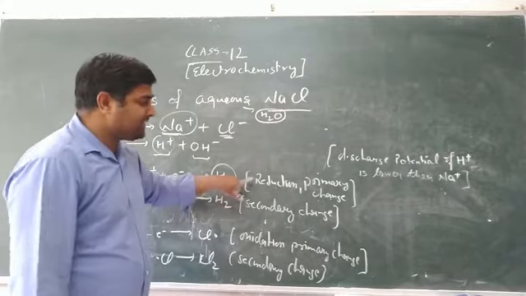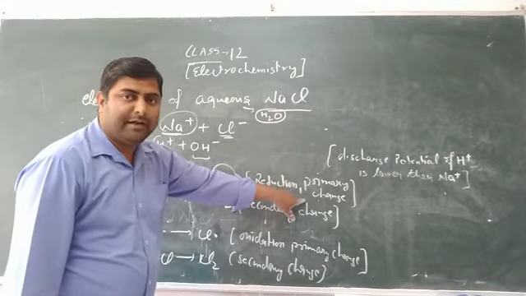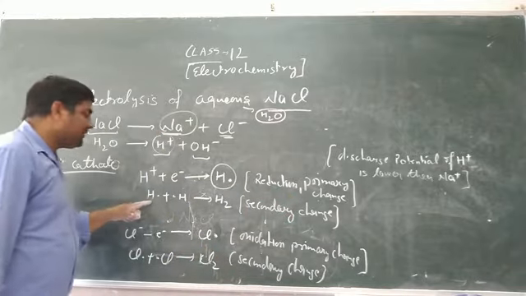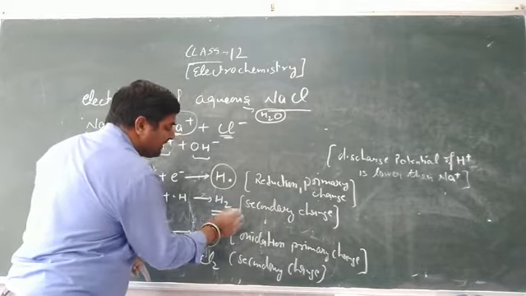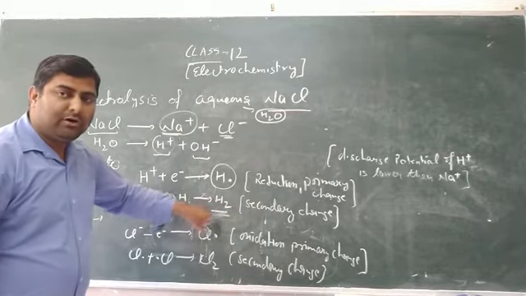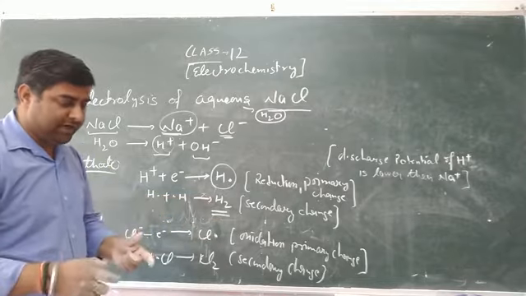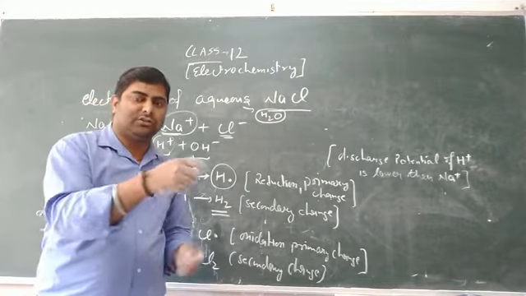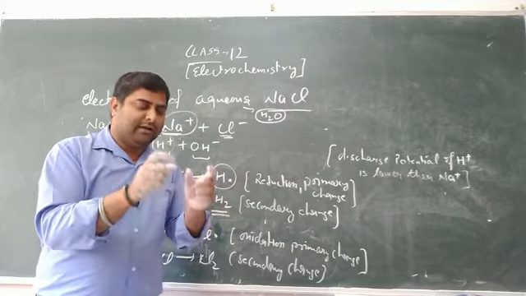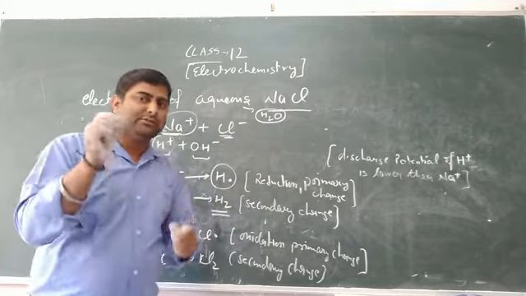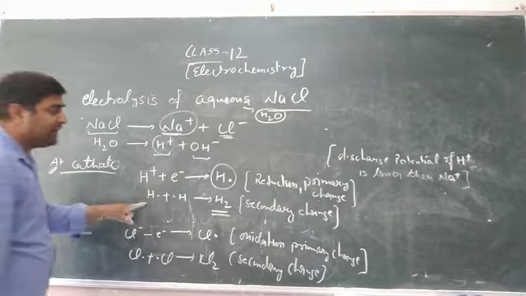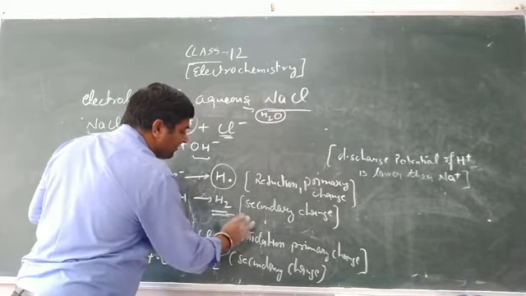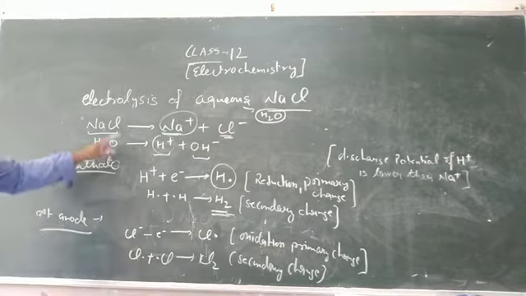Hence, the process is a reduction called primary change. This hydrogen free radical combines with another hydrogen free radical to form hydrogen gas. What about sodium ions? The sodium ions remain in the aqueous solution moving. They are not at rest. They keep on moving. So, when we do the electrolysis of aqueous NaCl, instead of getting sodium, we get hydrogen at the cathode.